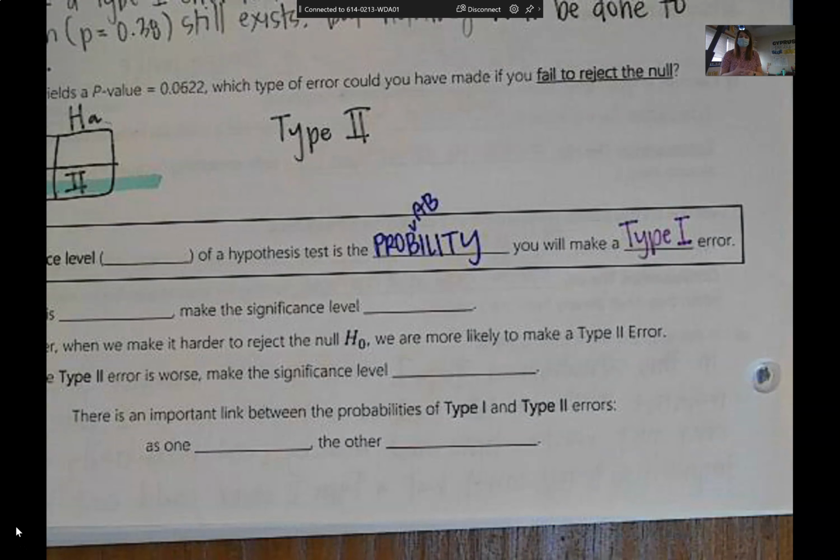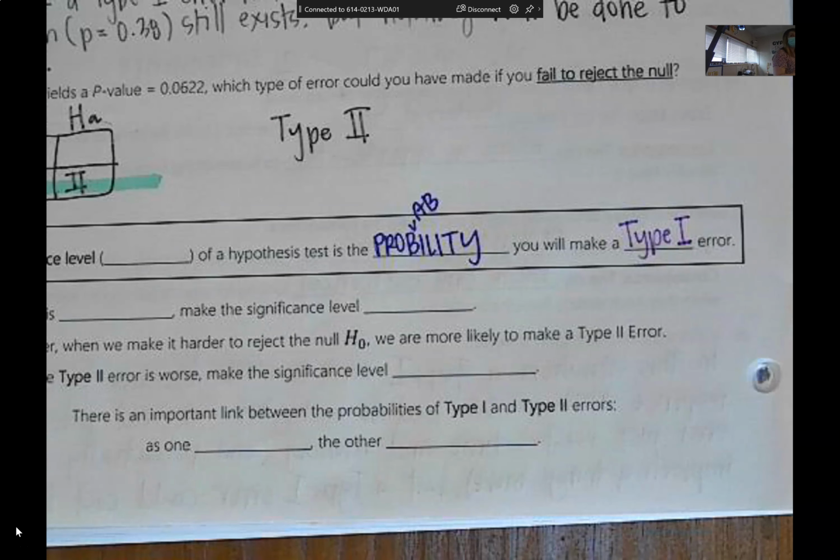I spelled probability wrong, I missed an A-B in there. Your significance level is the probability that you will make a type 1 error.